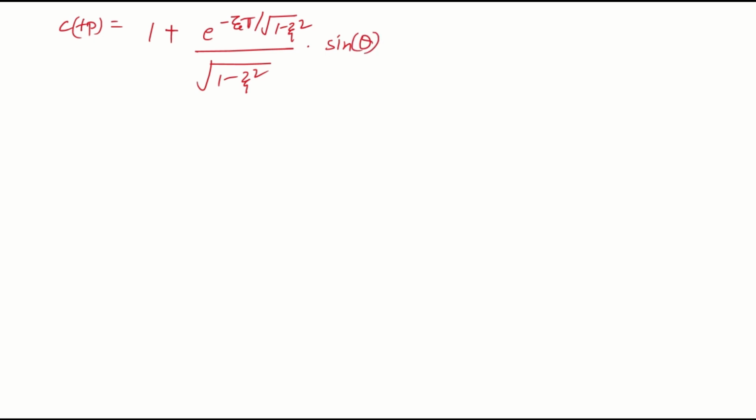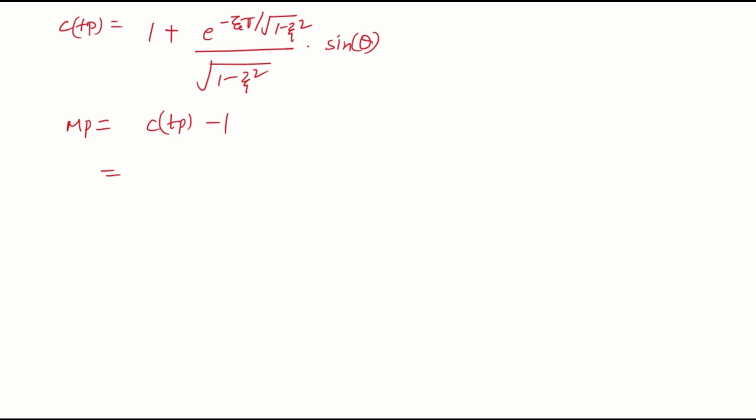So finally C(tp) is equal to 1 minus e raised to power minus zeta pi divided by root 1 minus zeta square, divided by root 1 minus zeta square. Sine pi plus theta is minus sine theta, so this will be plus here. So this is the final value of C(tp), and we know that Mp, as we already defined, is C(tp) minus 1.